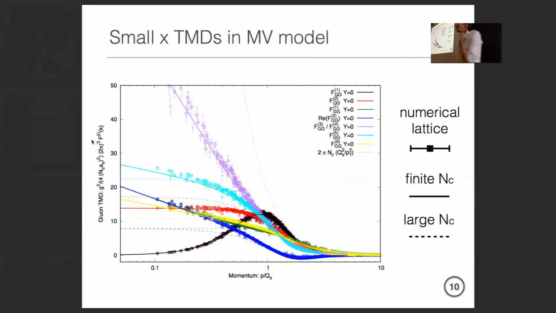Sorry, I got confused. What you just said, how is this different from his? He is using the mean field approximation. At finite NC you have a dipole times quadrupole expectation value, and he was approximating this by the expectation value of the dipole times the expectation value of the quadrupole.